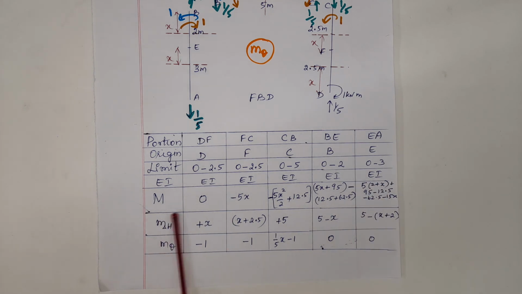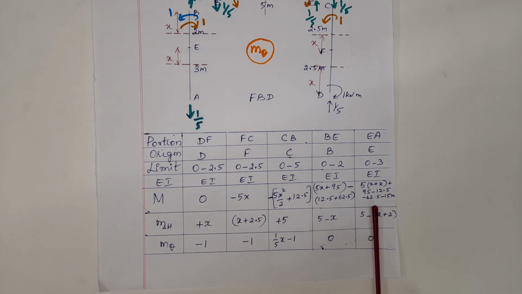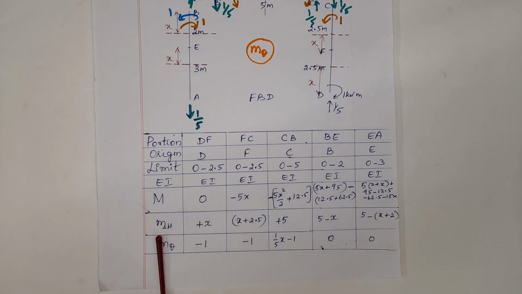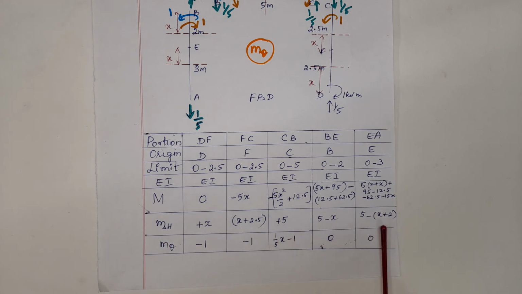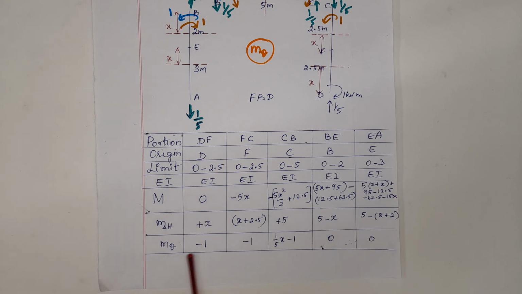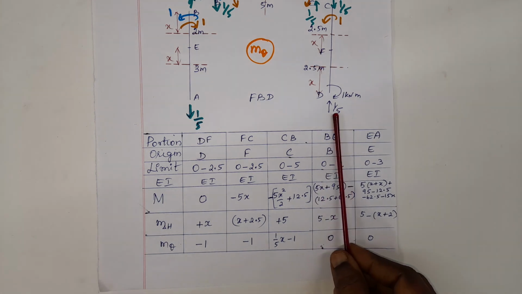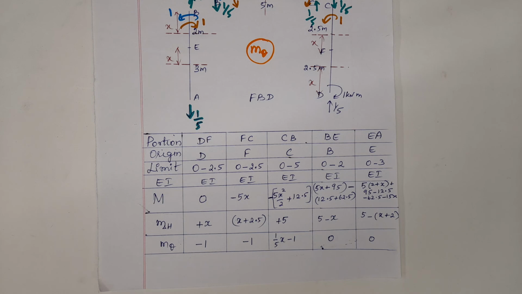Capital M expressions are taken from the first free body diagram with the given loading pattern, whether it is a sagging bending moment or hogging bending moment. In the same way, M H is written from the diagram where we have given a unit load at D. M theta is the expressions written for the diagram where we have given a unit moment at D.